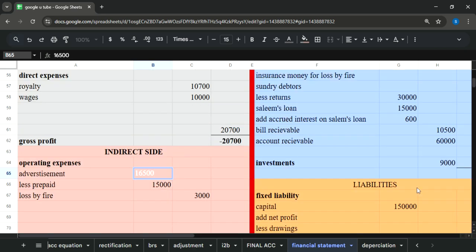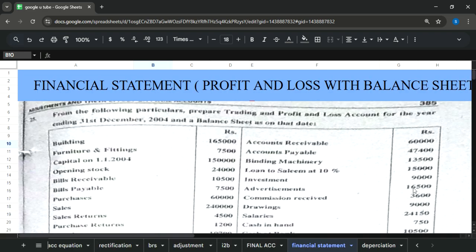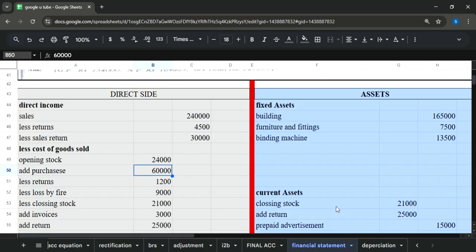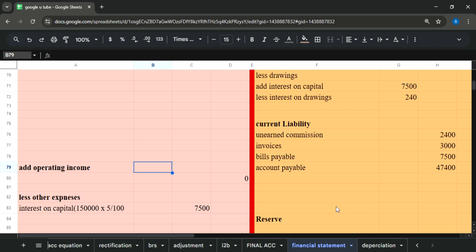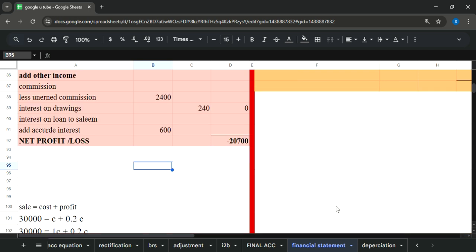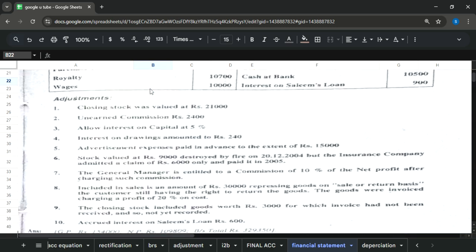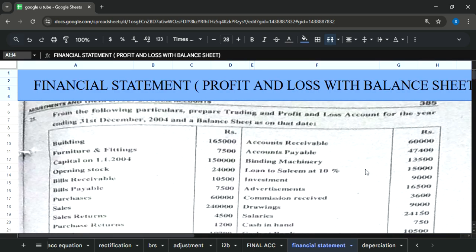Mention it over here. After advertisement, we have commission received, which was part of other income, and the place is already fixed for it. Commission received, which is 3600.